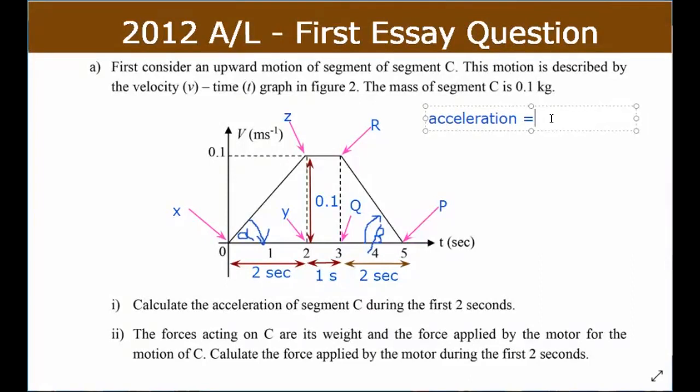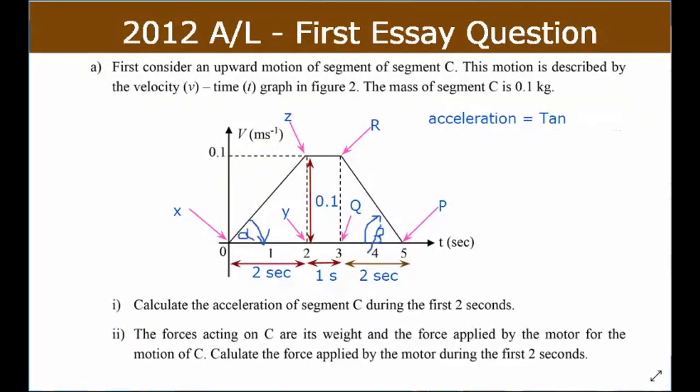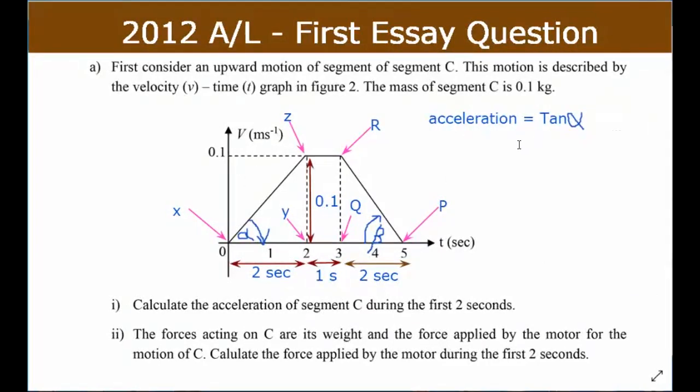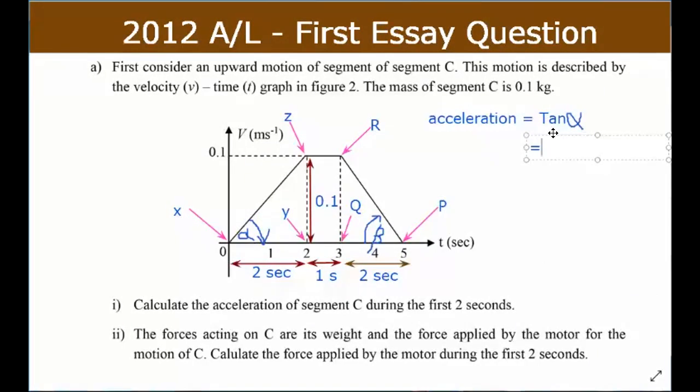Tan alpha, yes. The acceleration is calculated from a graph by the equation tan alpha. Please write there. This is the answer for Roman number 1. Acceleration is tan alpha. Right. What is tan, dear? You want to find tan alpha from the XYZ triangle. So what is tan of a triangle?